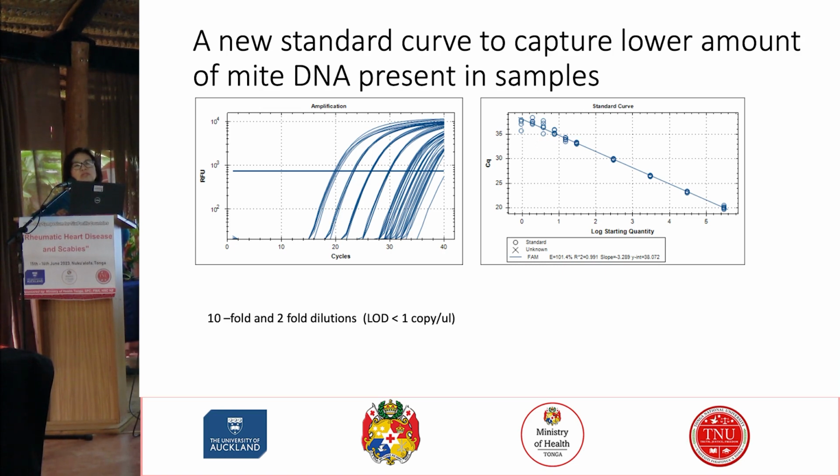So we designed a new standard curve. Apart from the positive control being diluted tenfold, we now diluted it twofold, so the control now gives us, based on the Cq values, a limit of detection of less than 1 copy of the target mite DNA per microliter. So it's really very sensitive.